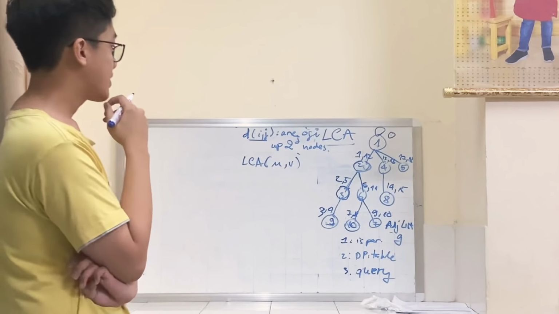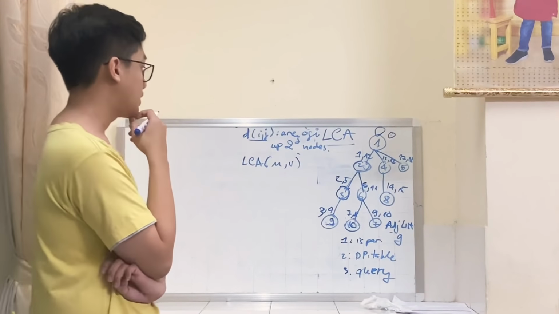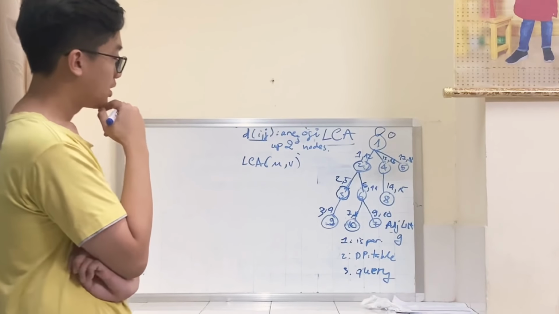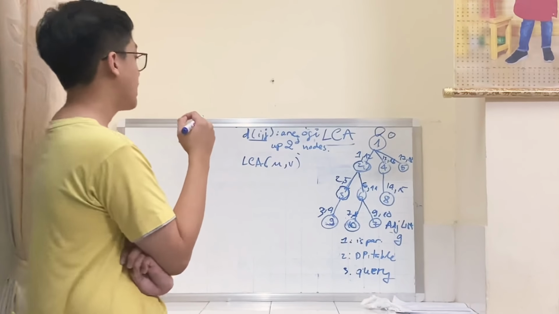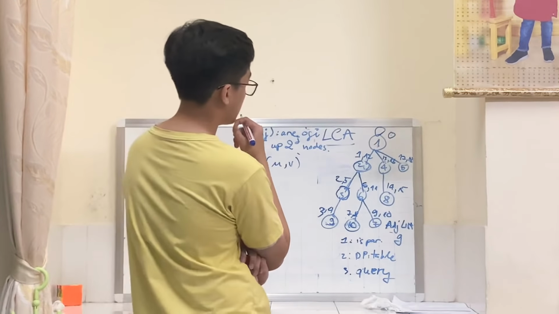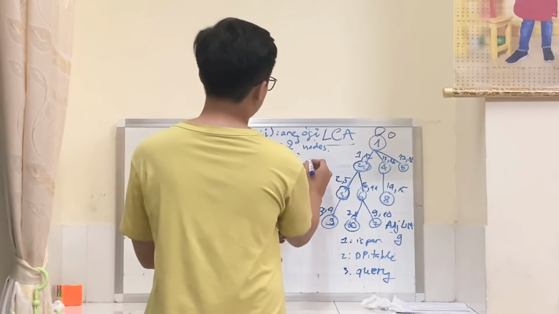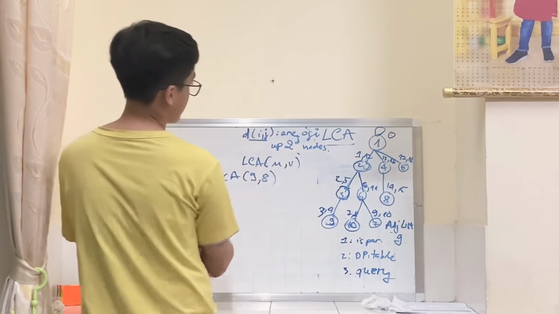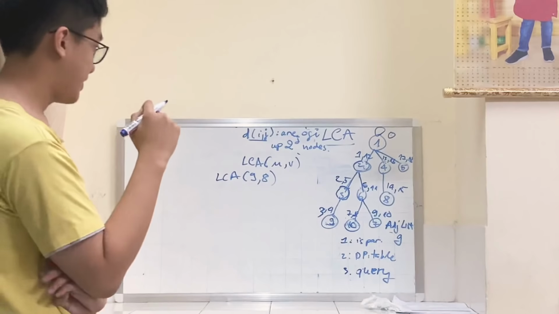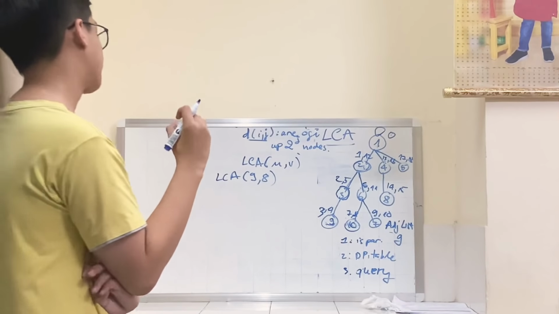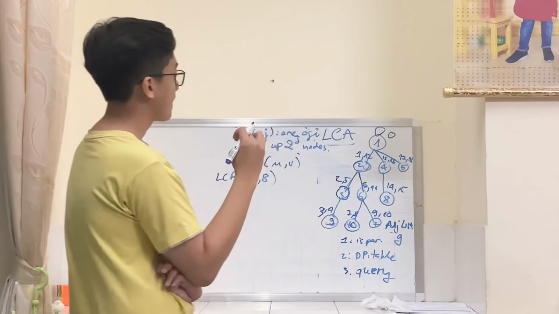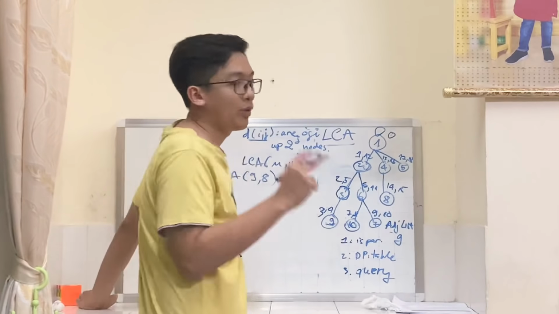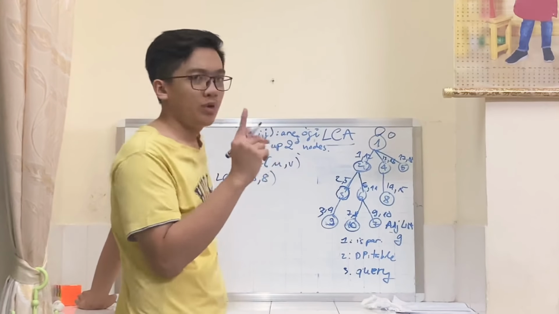So how to find the LCA of u and v by using this table? For example, you want to find the LCA of 9 and 8. How to find the LCA of 9 and 8? We will lock one node.